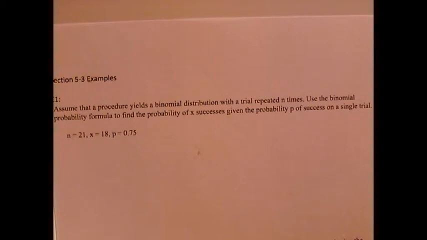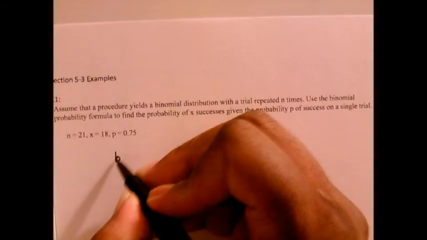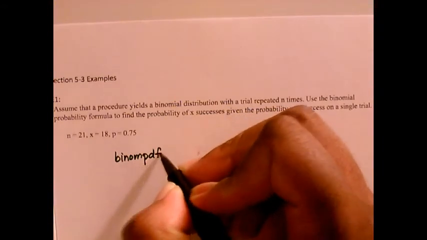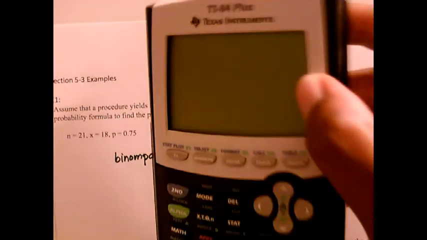Okay? So, like I stated before, we will be using the TI-83 or the TI-84 plus calculator. Now, the command that you're going to have to use is this. Binom PDF. Okay, and I'm going to show you how to access the binomial PDF function on the calculator.